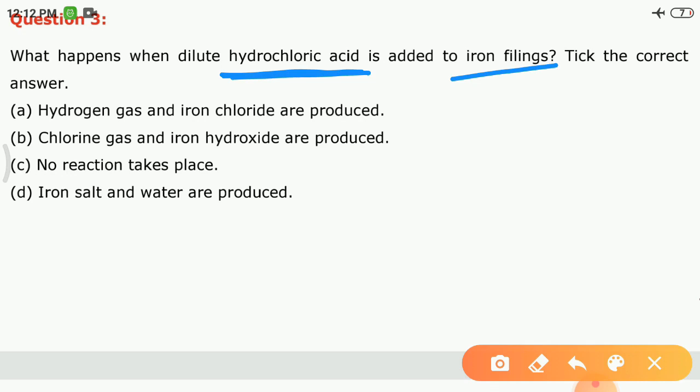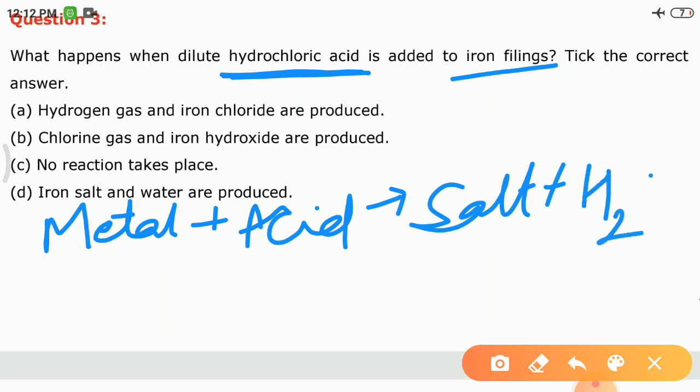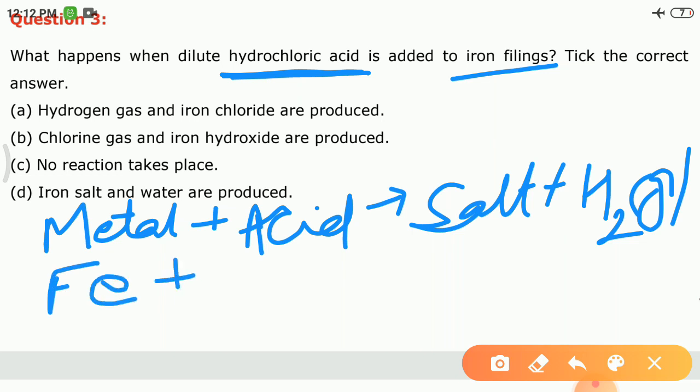So whenever metals react with acid, they always form salt plus hydrogen gas. Here metal is iron, Fe, plus acid is hydrochloric acid, HCl.